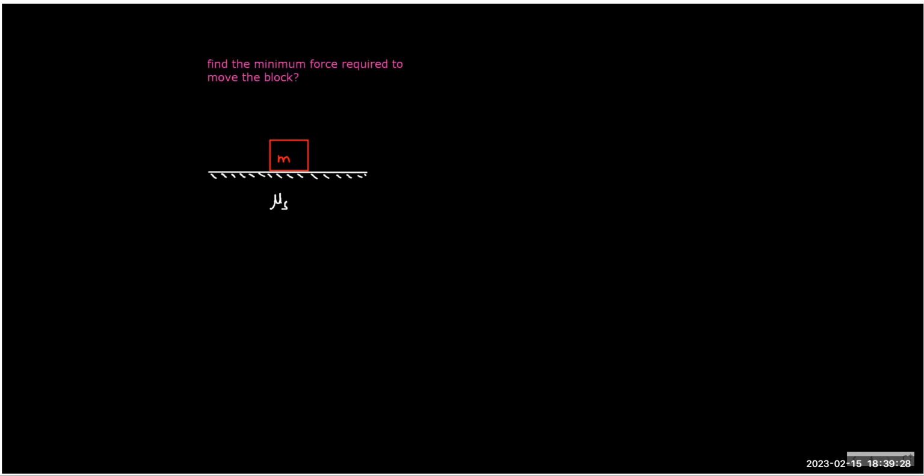Now the entire game is on you. What you will do, how you will do it, but you will do something to minimize the force. So it's a question of maxima and minima also. It's a question of trigonometry also. And of course you have to move the block over the surface.